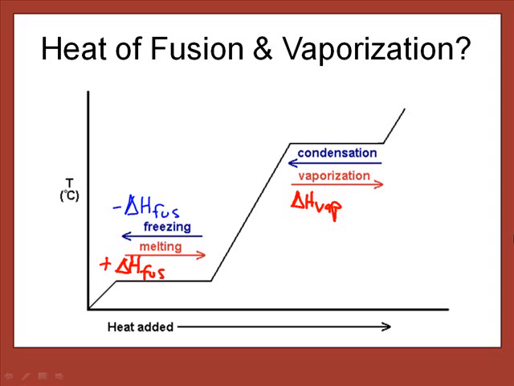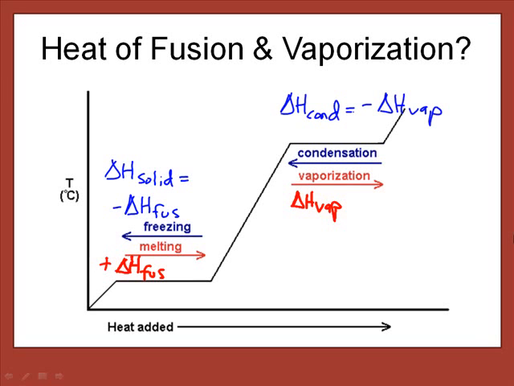Now, sometimes you'll see this called the delta H of solidification. But just know that the delta H of solidification is equal to the negative of the delta H of fusion. Likewise, we have a delta H of condensation, which is equal to the negative of the delta H of vaporization.